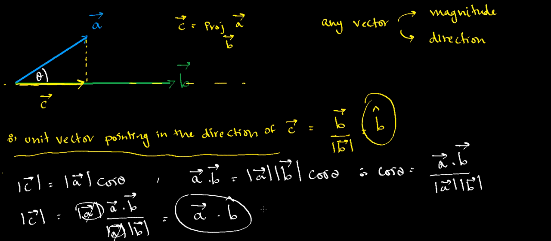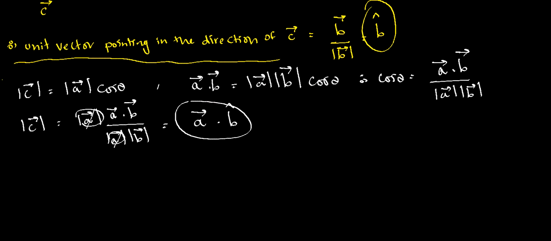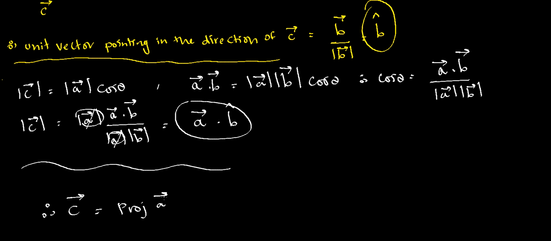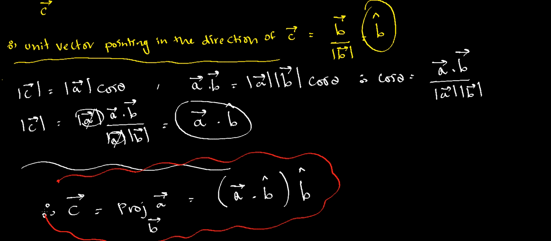And that is the magnitude. Therefore, vector C, which is the projection of A onto B, is equal to A dotted with B hat times B hat. And that is the general formula for vector projection.